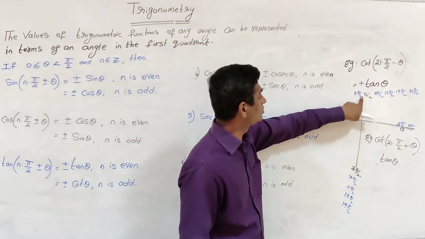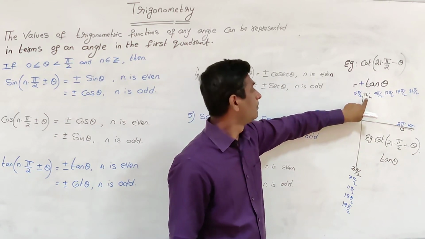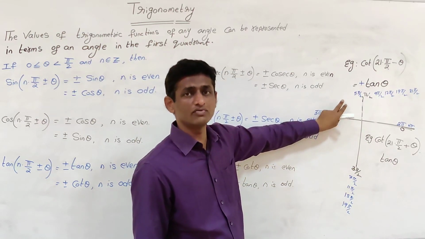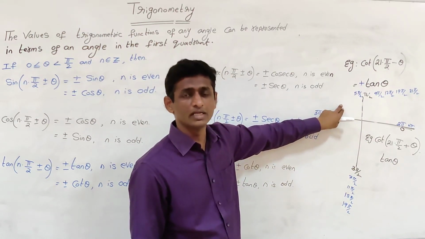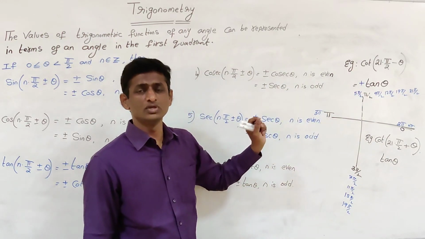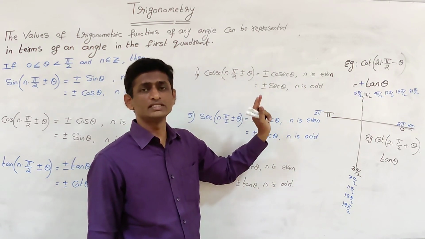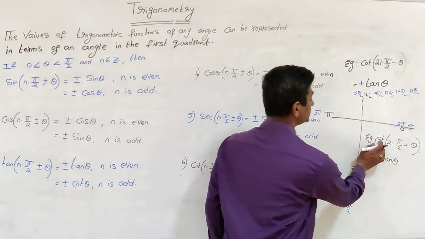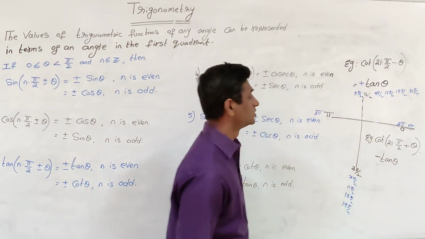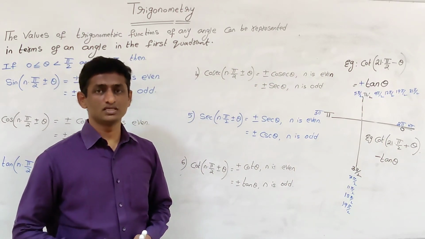Just now we have seen that 21 times pi by 2 lies on the positive y-axis, plus theta means the angle falls in the second quadrant. In the second quadrant, only sine and cosecant are positive. The other four trigonometric ratios, tan, cot, cos and secant, will be negative. So as it is cot, the trigonometric ratio will have a negative sign. So cot of 21 times pi by 2 plus theta will be minus tan theta.